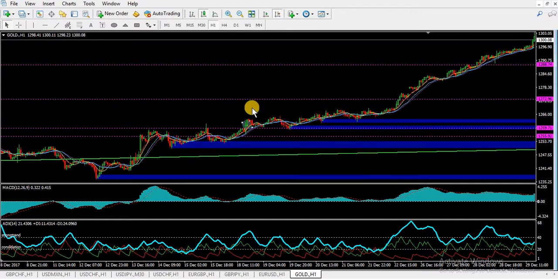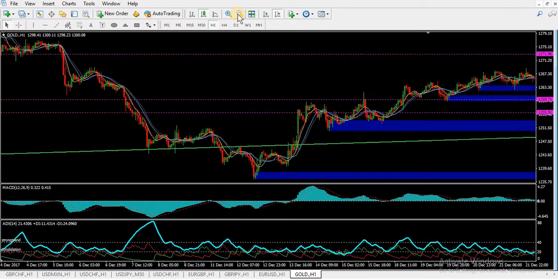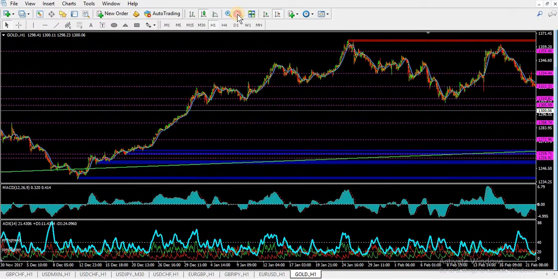Okay, let's go on another pair now. Not another pair, I mean another. Let's find another spot to trade. I'm zooming out.